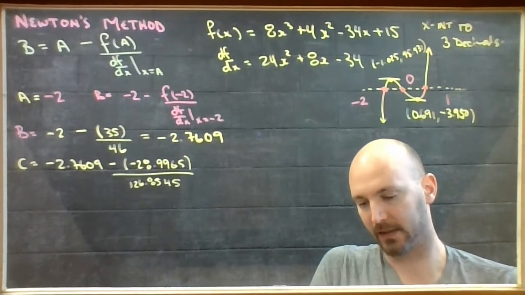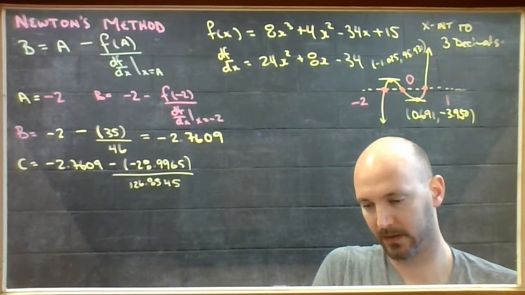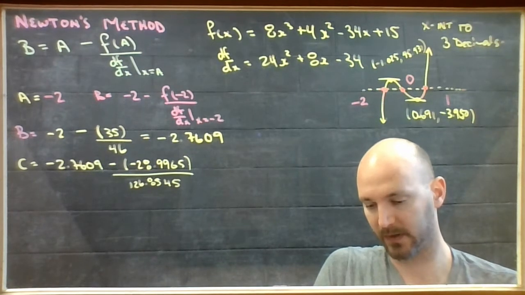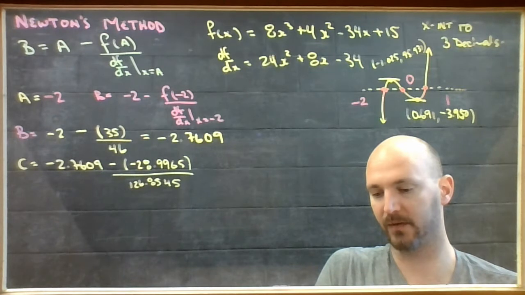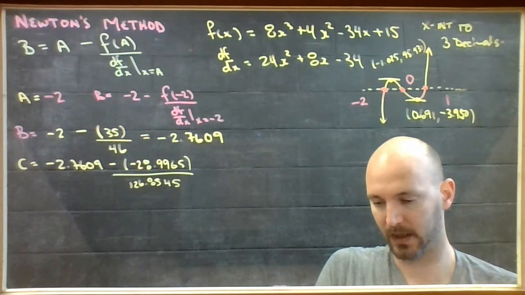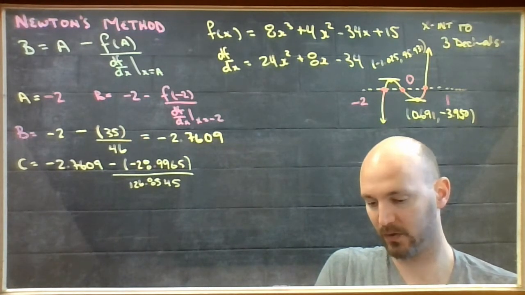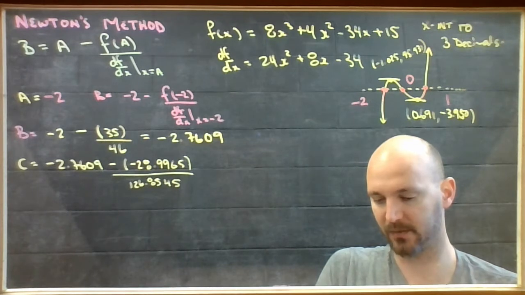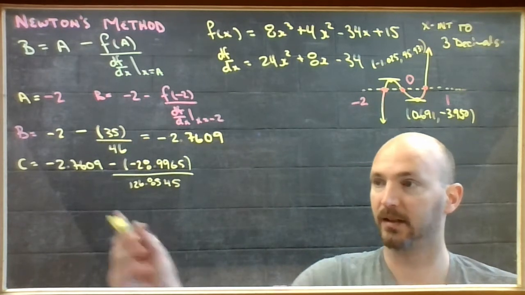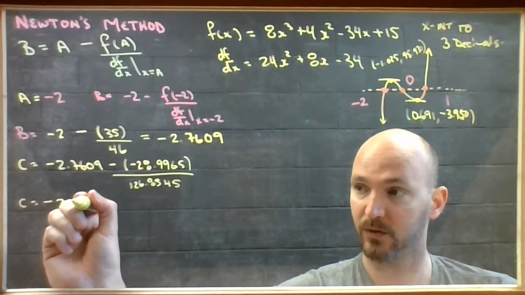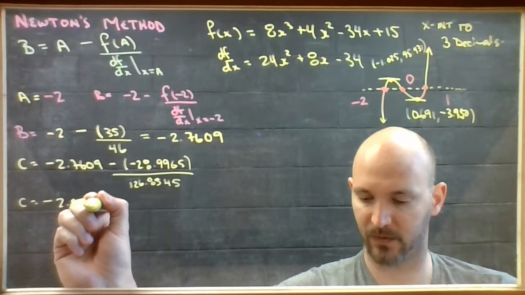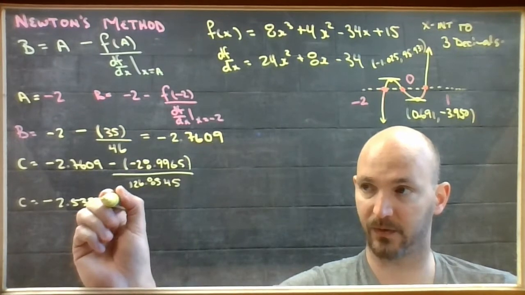So that in the denominator times -28.9965 equals, and then -2.7609, subtract that, gives me -2.5323.